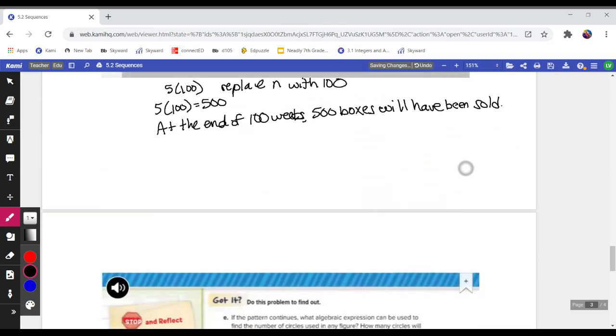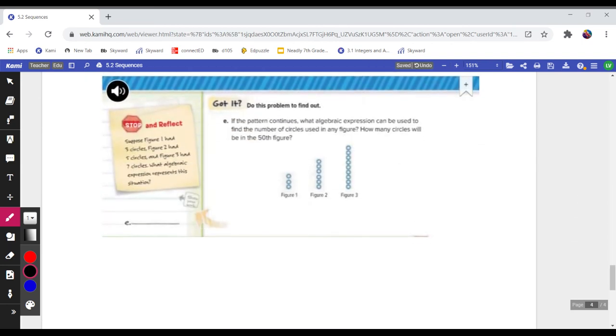So let's try the next problem on the next page. Let's see if you got it. If the pattern continues, what algebraic expression can be used to find the number of circles used in any figure? How many circles will be in the 50th figure? Well, personally, I'm going to make a table just like in my previous problem.